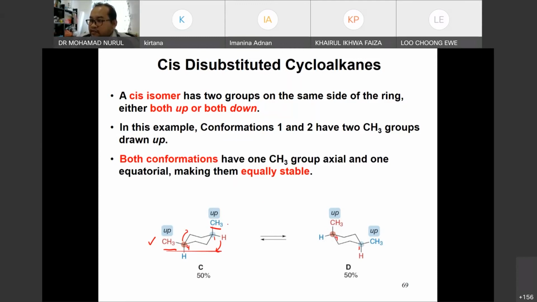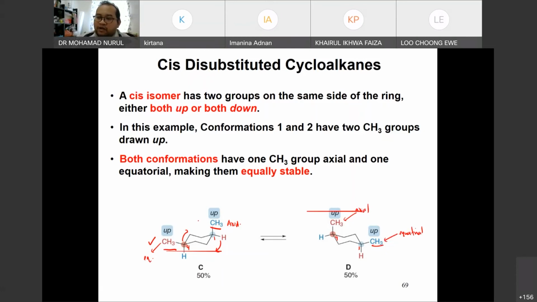This one is axial, this one is equatorial, and this one is axial, and this one is equatorial. This has 1,3 diaxial interaction.